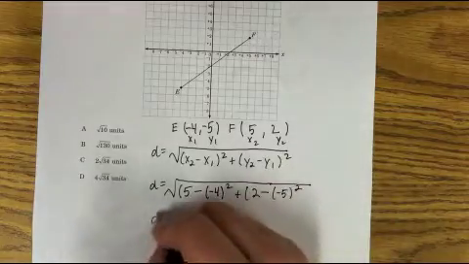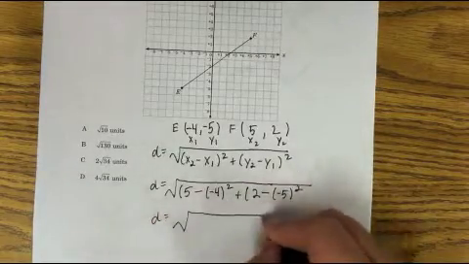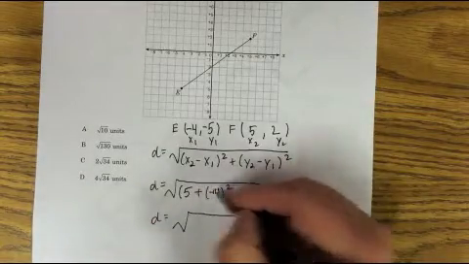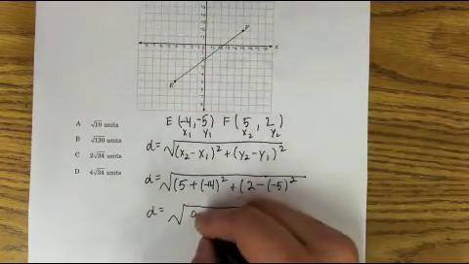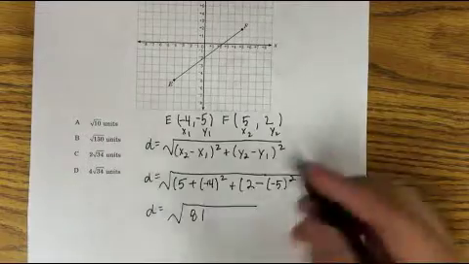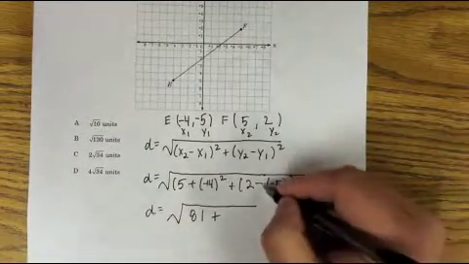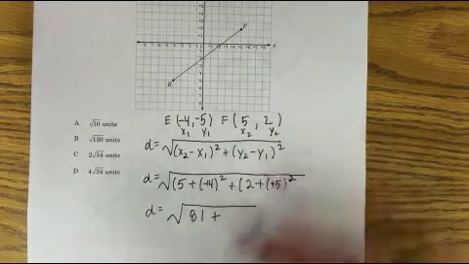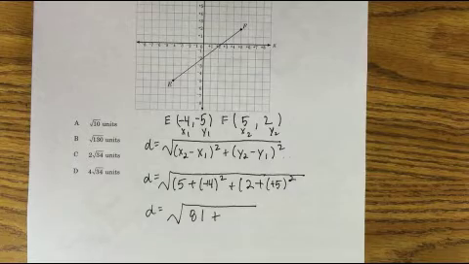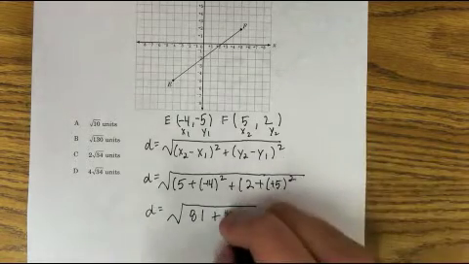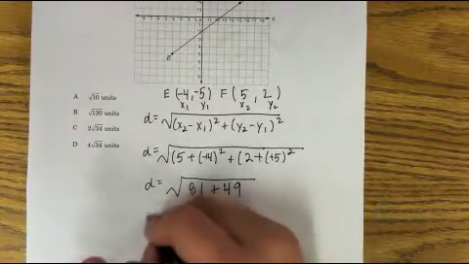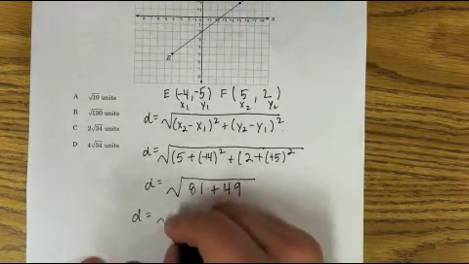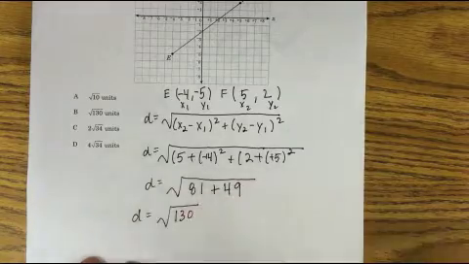Okay, so when you clean this up here, I see a negative and a negative, that makes positive. 5 plus 4 is 9. 9 to the second power is 81. Okay, plus another double negative here, so make those positives. 2 plus 5 is 7. 7 to the second power is 49. And 81 plus 49 gives us the square root of 130.